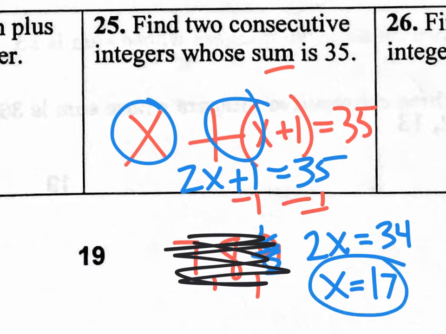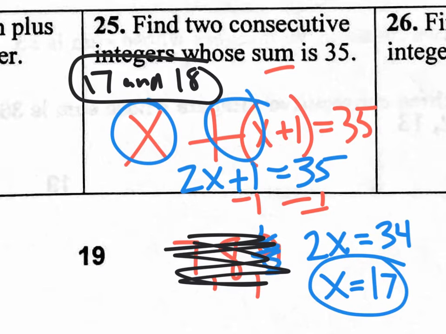Ladies and gentlemen, we found a number. What number was that? That was the x. What's my next consecutive integer? 18. So my answer for number 25 would be 17 and 18. Those are the 2 consecutive integers whose sum is 35.